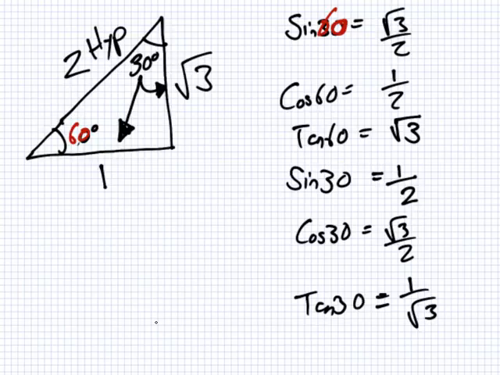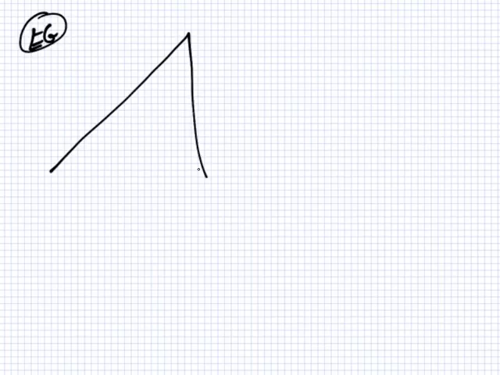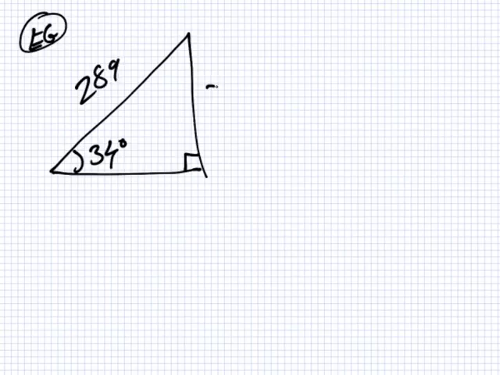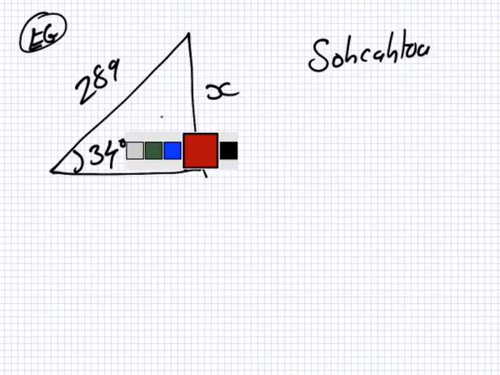So for example, if I scroll down, here's the first example. We have 34 degrees, 289, and x, and we want to find x. Why can't we use Pythagoras? Yeah, you need the other side. So we can't use Pythagoras, but we can use SOHCAHTOA. If this is the angle, what's this side called?